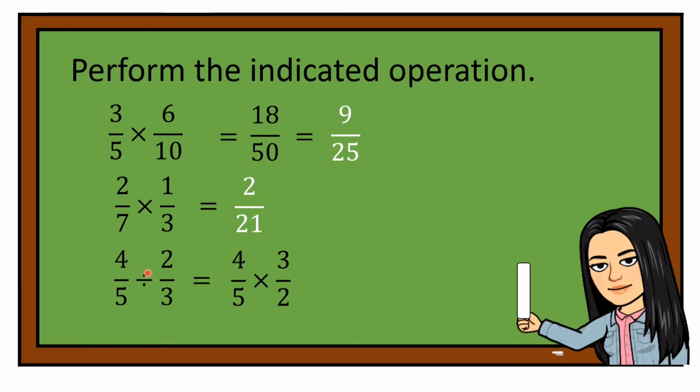And then change the division sign to a multiplication sign. And then let us proceed now to multiplication. 4 times 3 is equal to 12, and 5 times 2 is equal to 10. So 12 over 10 can be simplified, and the simplified form is equal to 6 over 5.